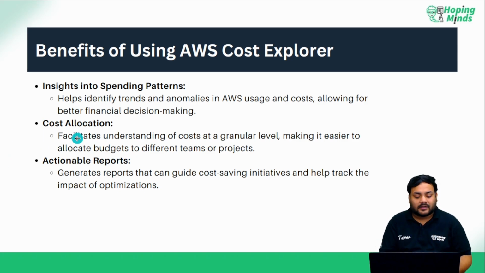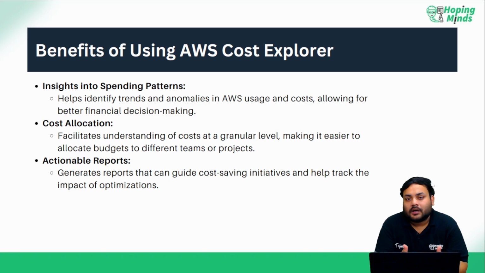Then cost allocation. With the help of this service, you can allocate the cost based on your projects or your capacity. Then actionable reports, which means generating reports that can guide cost saving initiatives and help track the impact of optimization. Whatever report you get, you can see how you can save cost in the future, and you will have a complete guide.